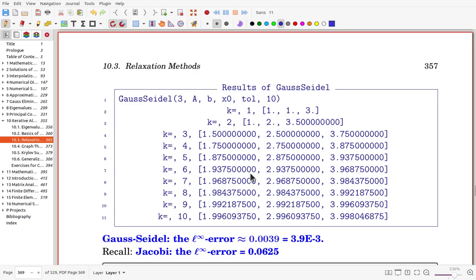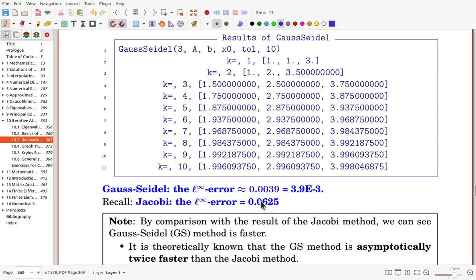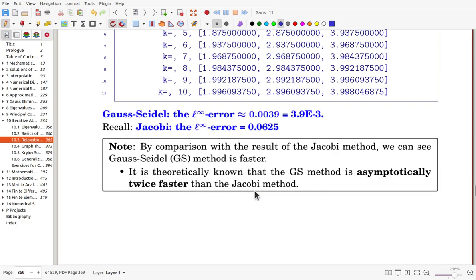6 is not really half of 10, but mathematically, the Gauss-Seidel method is twice as fast once you try to solve up to convergence. So asymptotically, twice as fast. It's well known from numerical linear algebra.